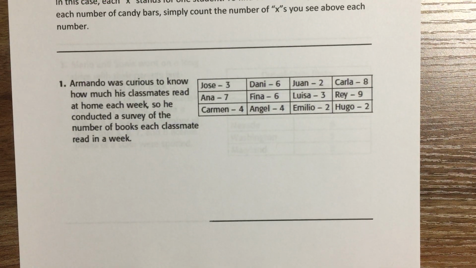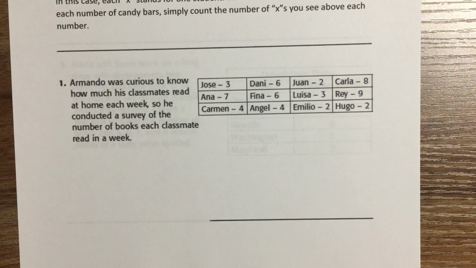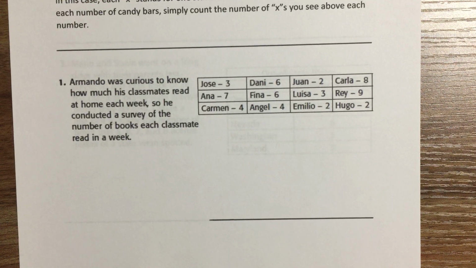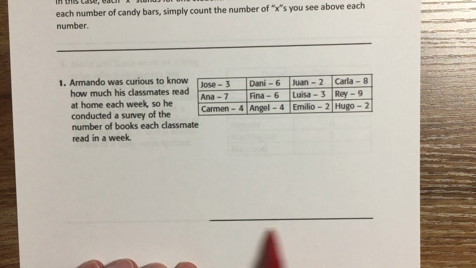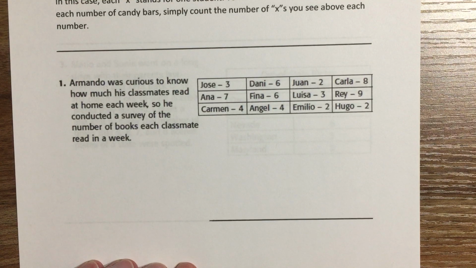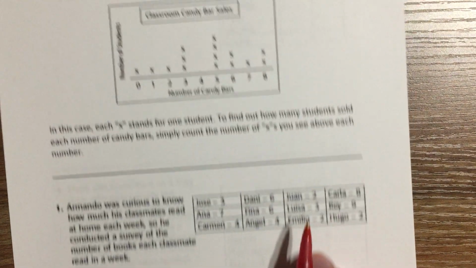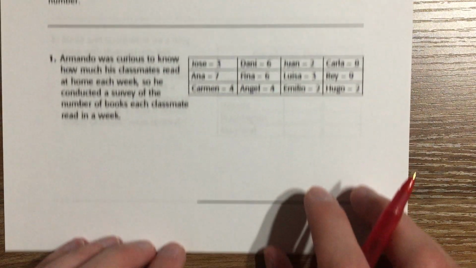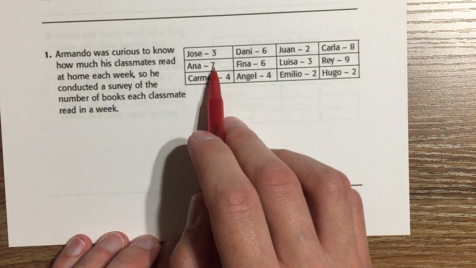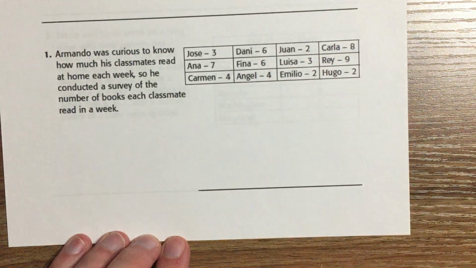The first thing I want to figure out is, what's the biggest number? Because first I want to put the numbers along the bottom, just like we had up here. That way I know where I'm going to be putting my X's, which we'll be doing in a moment. 9 looks like the most.